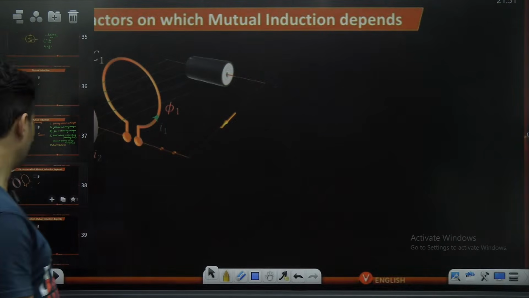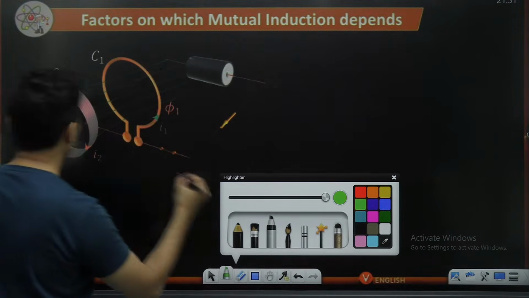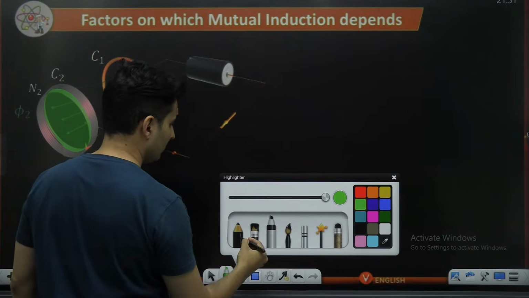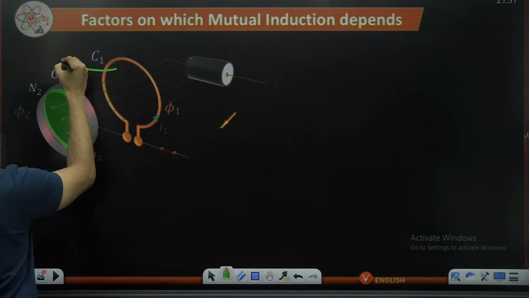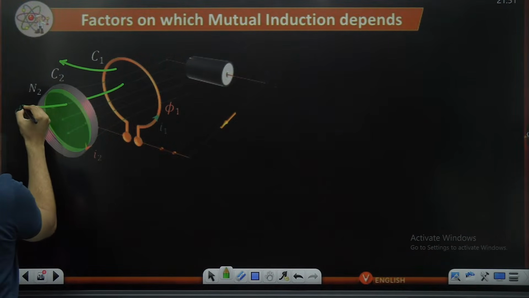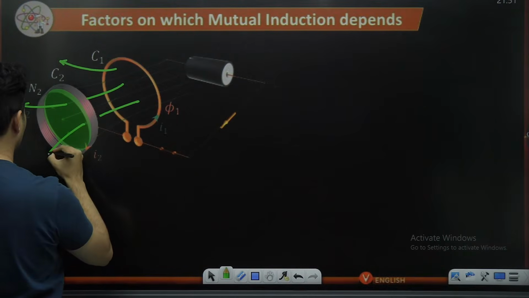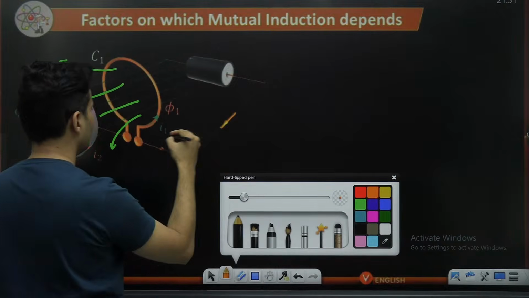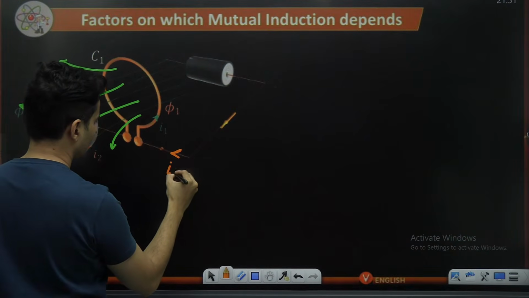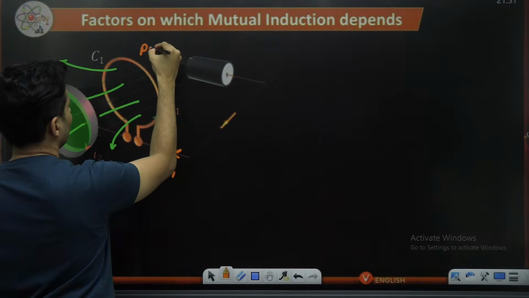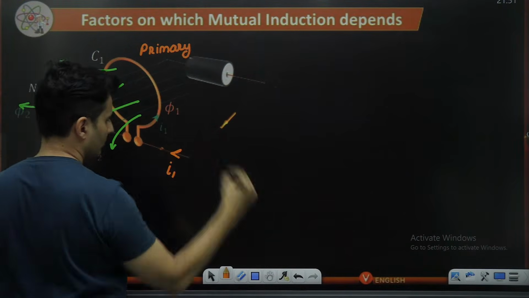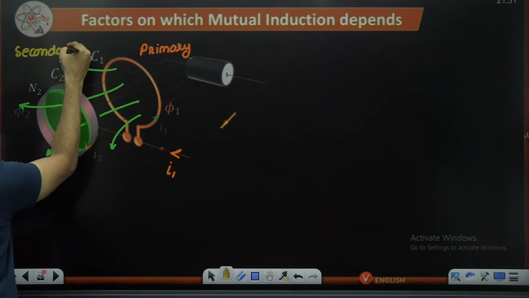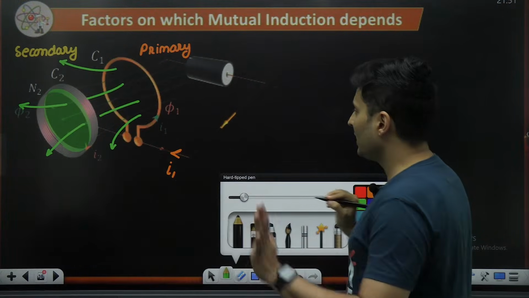All right. First of all, let me start blocking these things. Okay. So here is the logic.